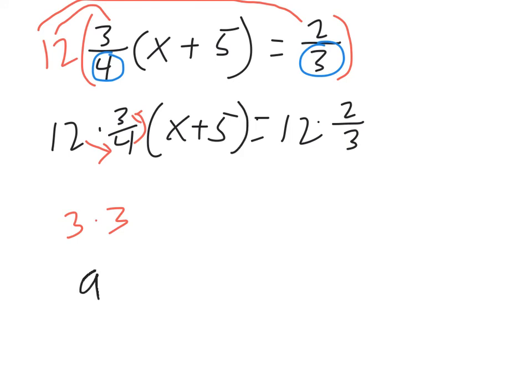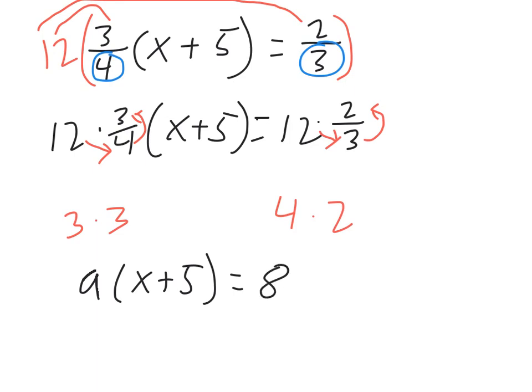Then we write the rest of what we have, so x plus 5, and then equals, so again, divide first, so 12 divided by 3 will give us 4, and then times 2 will give us 8. So now this looks like a much nicer equation.